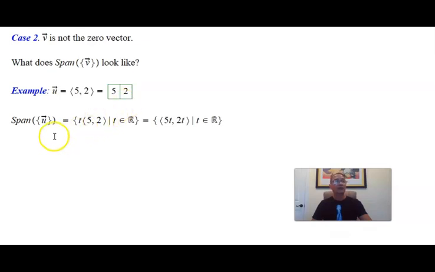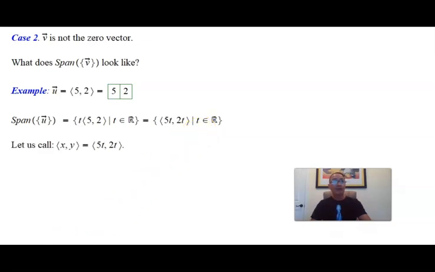So by the definition, the span of u is all the multiples of u, so we write t times u, and we can bring the t inside the vector, because that's a scalar multiple, so it's all the vectors 5t, 2t, where t is a real number.